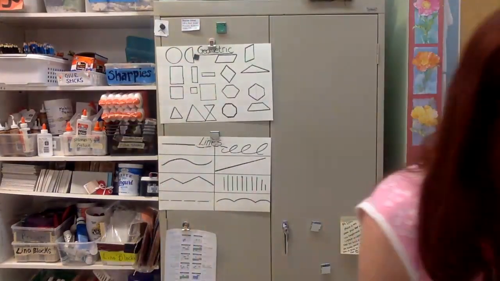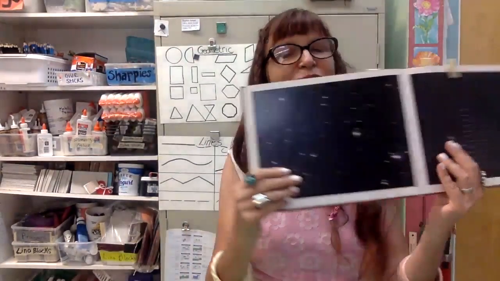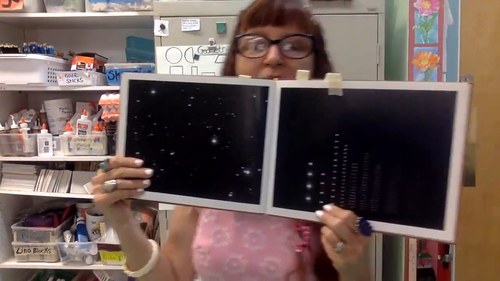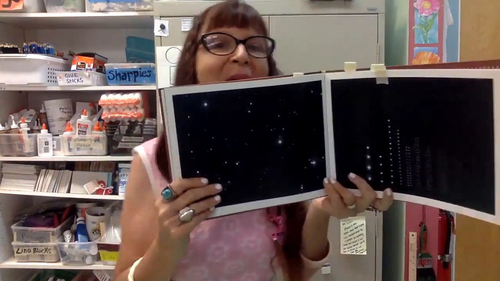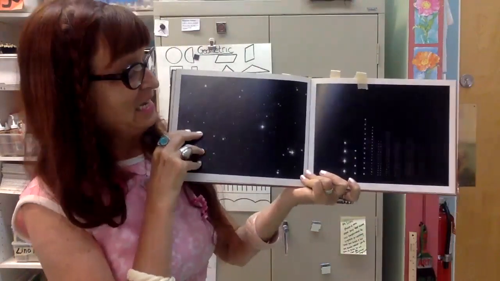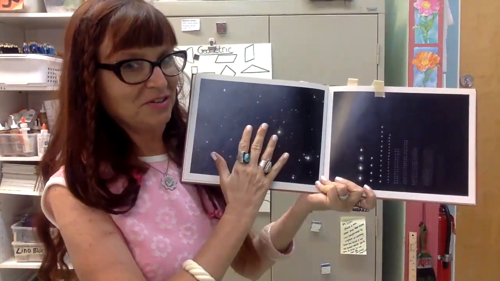The last thing that I want to show you is this really cool book called The Art of Cleanup. And I want to show you 3 images. This is an image of star constellations.